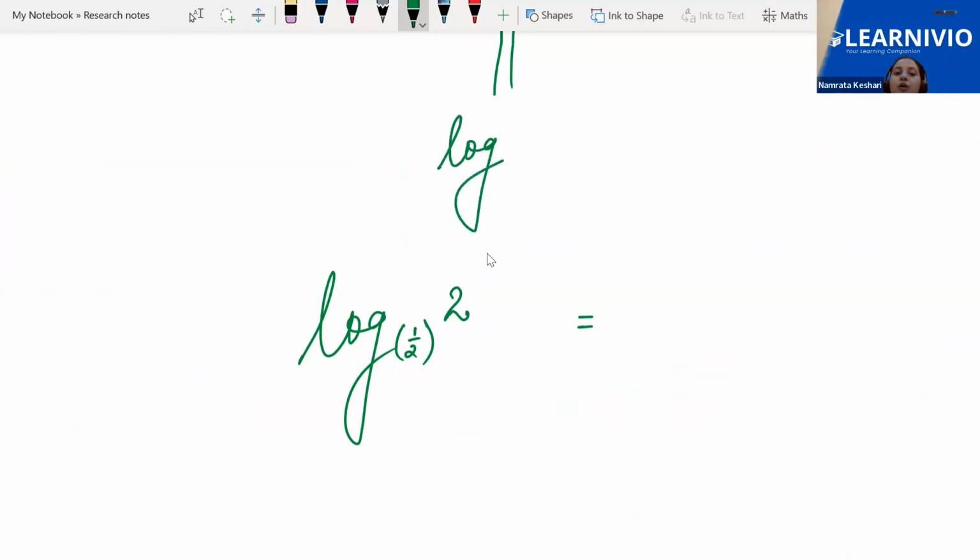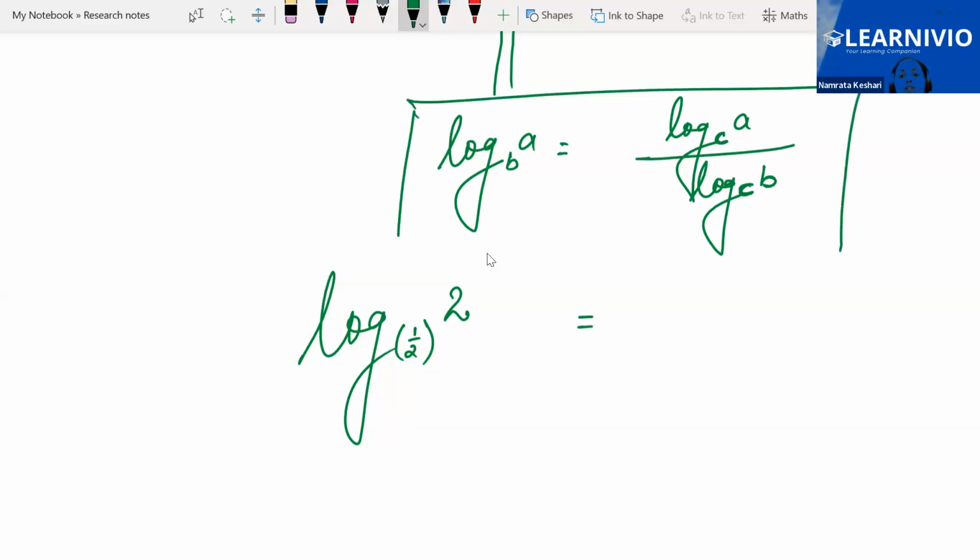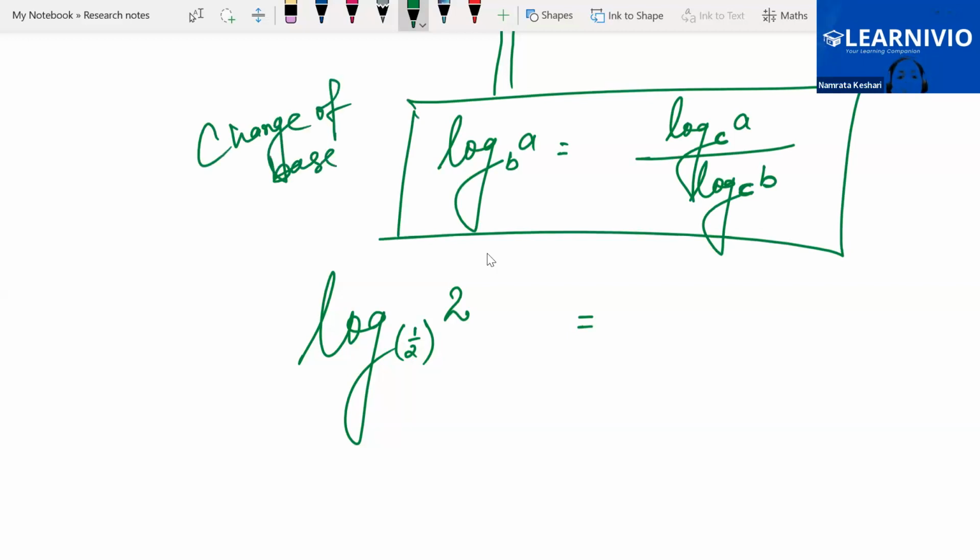If we have log a base b, if you want to introduce a new base c, you are allowed to: it can be written as log c a divided by log c b. Have you seen this rule, Annapurna? Yes. So can we apply this rule over here? Yes.